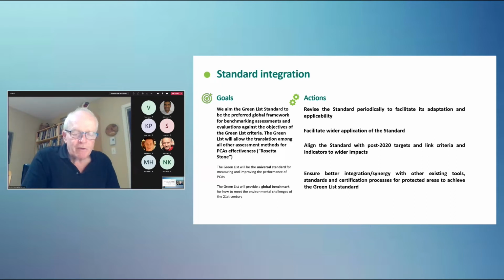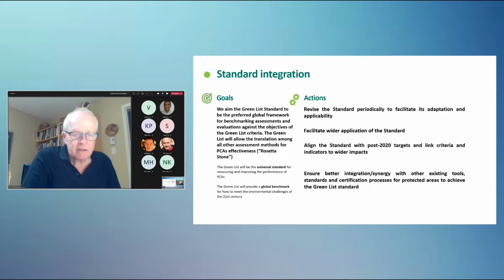Many of you are probably involved with the post-2020 agenda and the targets. You'll be familiar with target 3. There's a huge global momentum to up the ambition around protected areas and to protect at least 30% by 2030. IUCN's Commission on Protected Areas has developed a what counts document.